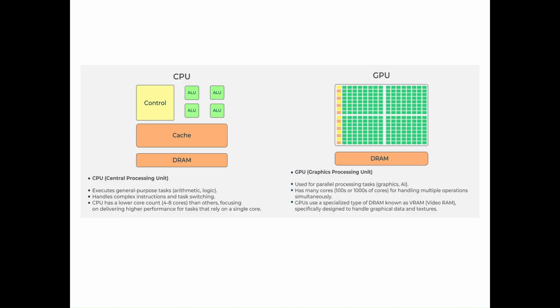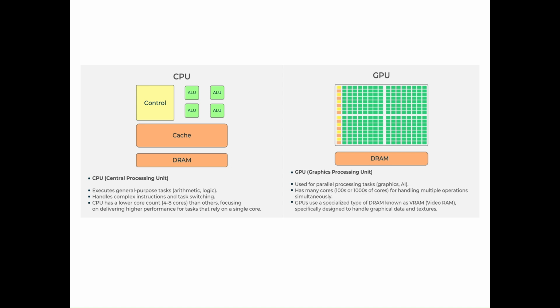Next we can see the CPU and GPU difference. CPU is the central processing unit, GPU is the graphics processing unit. A CPU executes arithmetic and logic operations and handles complex instructions and task switching. It has a lower core count and focuses on delivering high performance for tasks that rely on a single core.